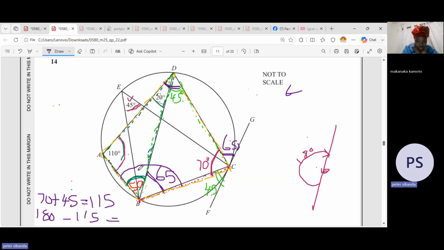Your theorems, if you know them, you can apply them and get as many angles as can be found. Do you see any angle that we can find there? We haven't looked at the question, we're just practicing how to apply our theorems. So is there any other angle that you think you can find here?